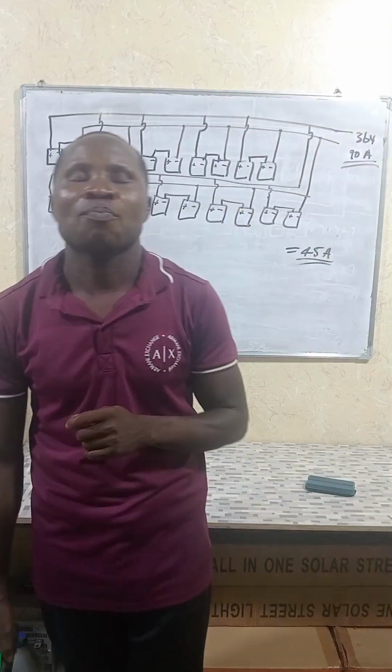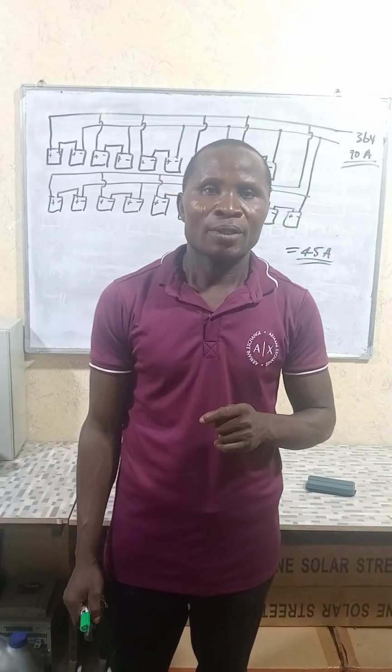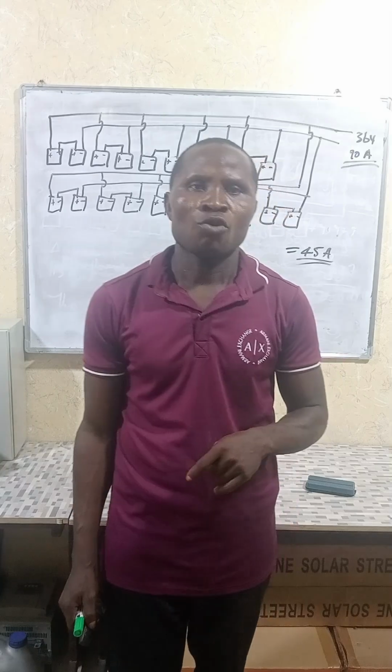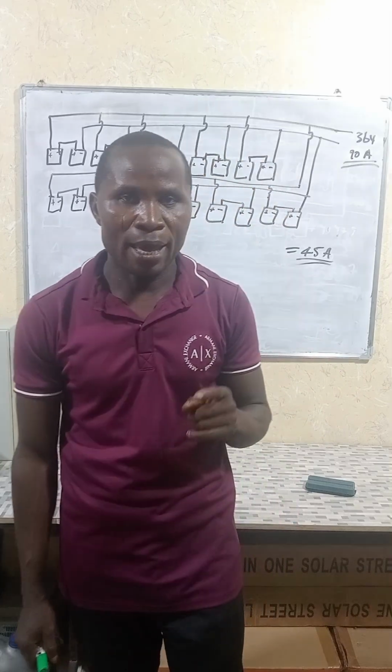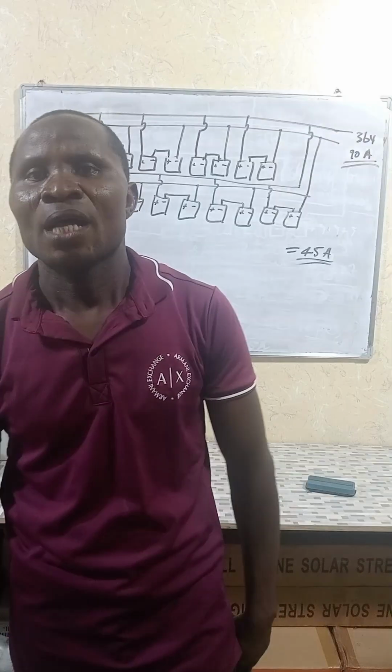Number one is PWM, that is pulse width modulation. Number two is MPPT, maximum power point tracking. I will advise that the client should use an MPPT charge controller with the following reasons.